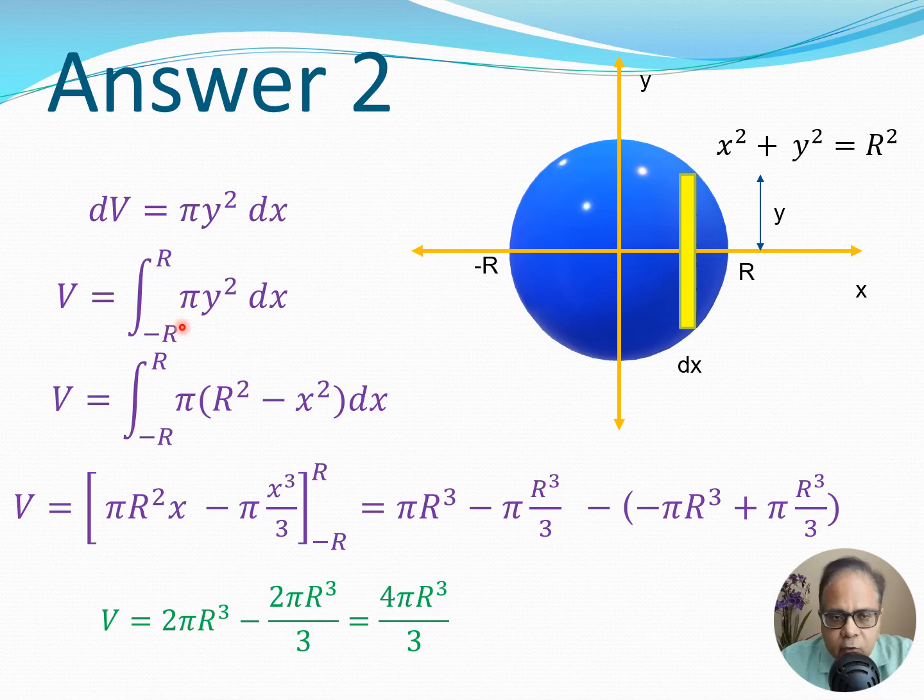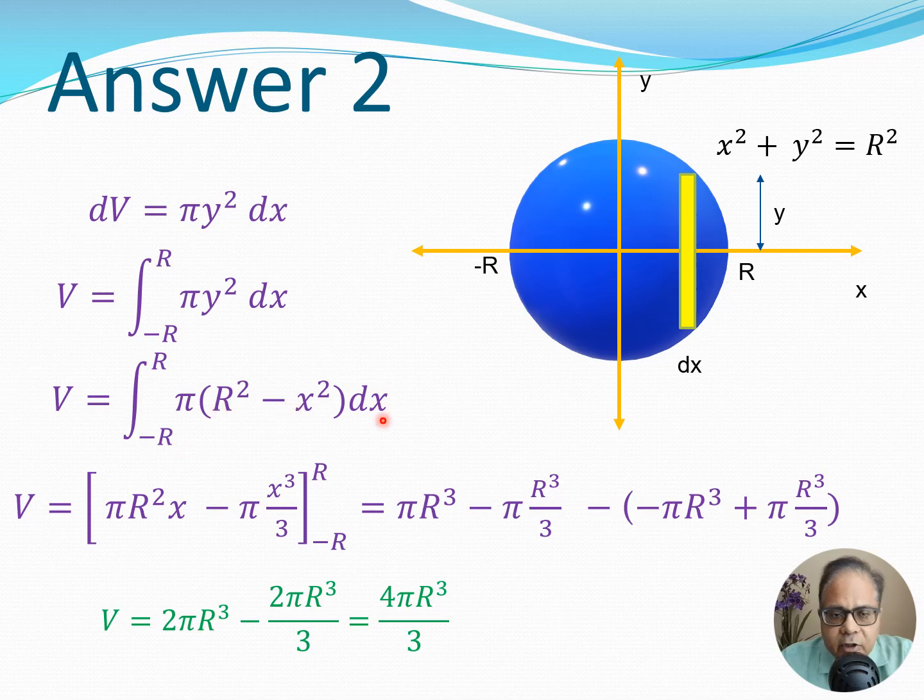Of course we know that y square should be written in terms of x because that's the variable with respect to which the integration has to be performed. So we take this equation for the circle, x square plus y square is r square, and from there we substitute y square is r square minus x square here.